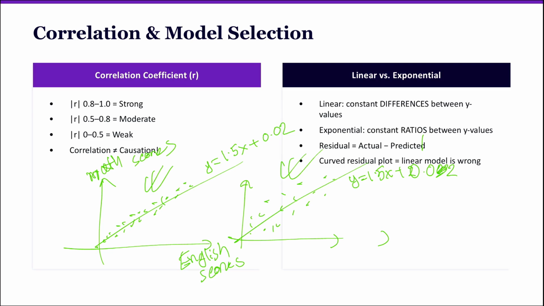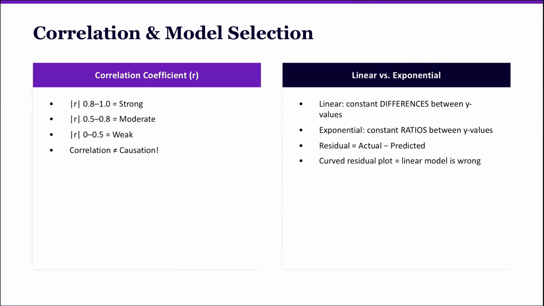Sometimes you may have something like someone's scores in English language tests and someone's scores in math tests, and you're just plotting them. So you're doing math exam scores and English exam scores, and you see this pattern, you see a strong correlation, but that doesn't mean you can say that these people do better in the math exams because they do well on the English exams.